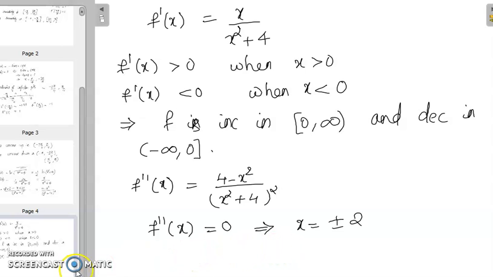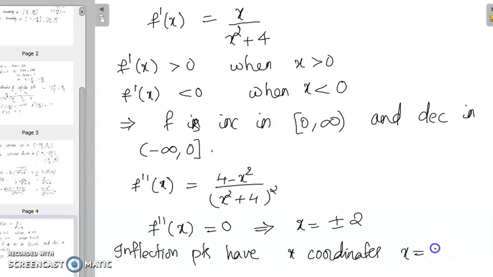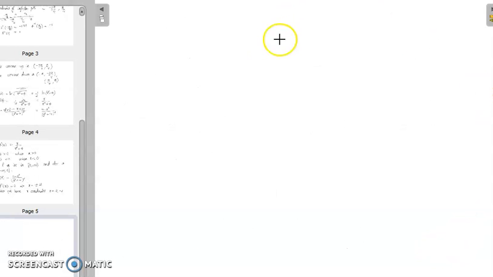So therefore the inflection points have x coordinates x equal to 2 comma minus 2, and now we will look at the intervals.